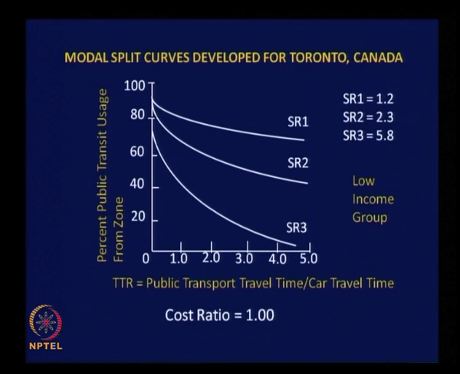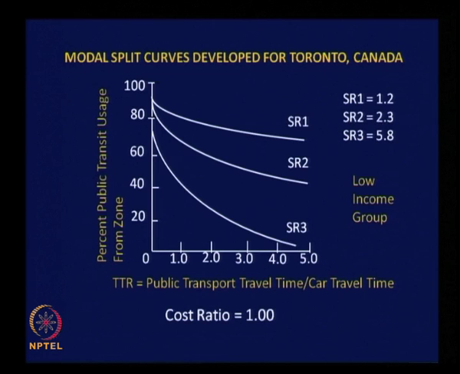SR3 is 5.8, very high compared to just 1.2 in the case of SR1. Time implication is almost the same as car, just 20% more, isn't it, 1.2. So that is how, for a chosen travel time ratio, we find that quite a significant proportion of travelers make use of transit vehicle.